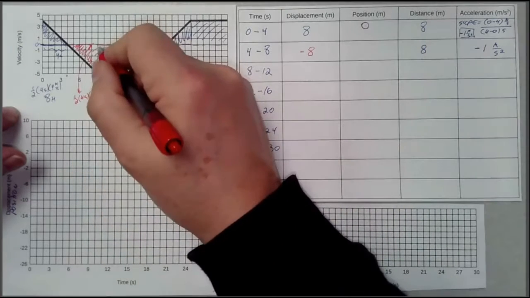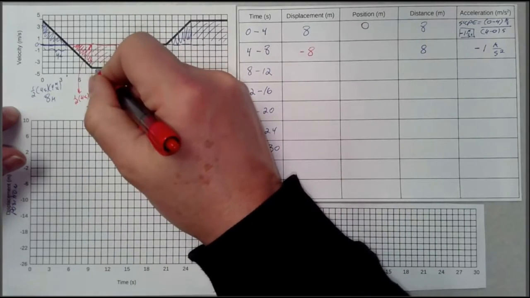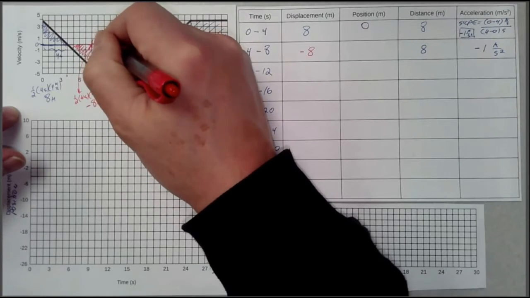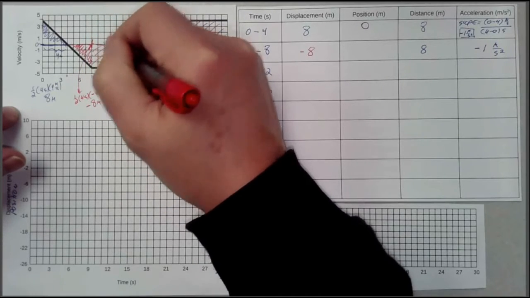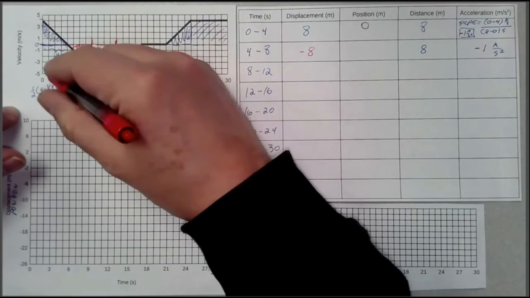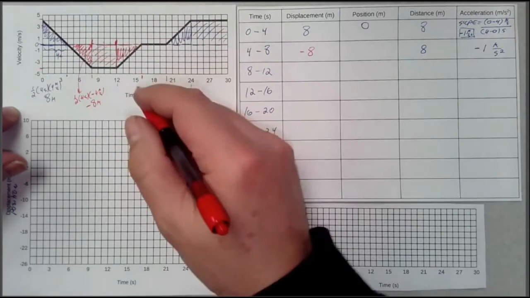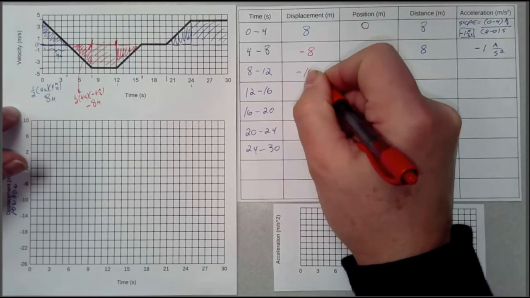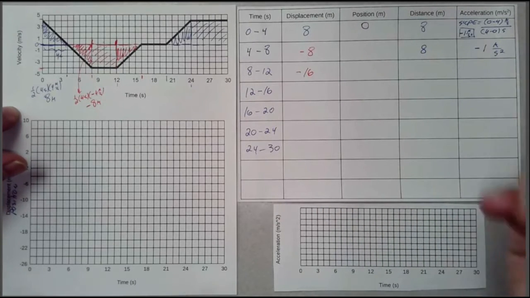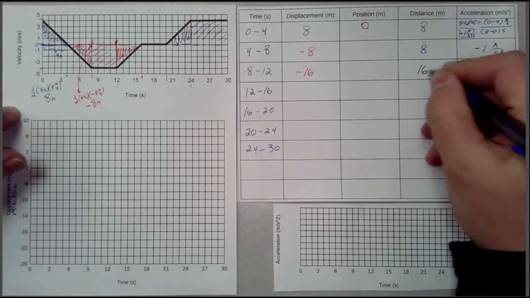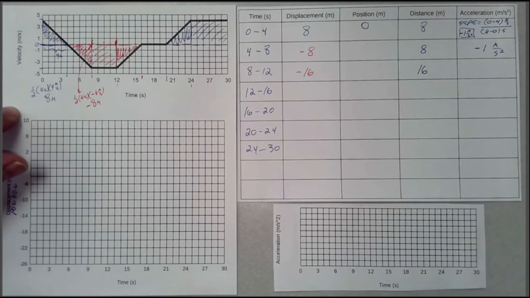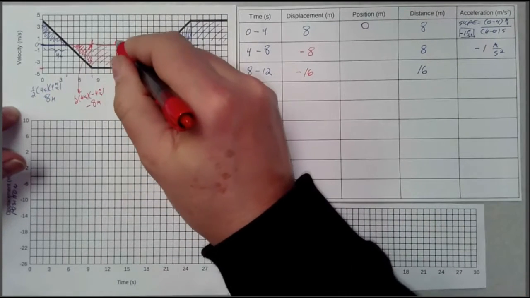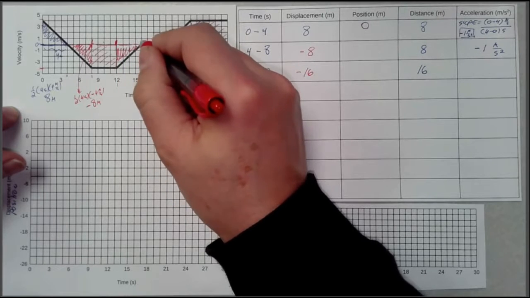This rectangle in here, the base of the rectangle is, if I just look right here, 1, 2, 3, 4, and the height of this rectangle is negative 4. So 4 times negative 4 is negative 16. The distance change, just make it positive. The next triangle, the height of this triangle is negative 4, and its base is 1, 2, 3, 4.